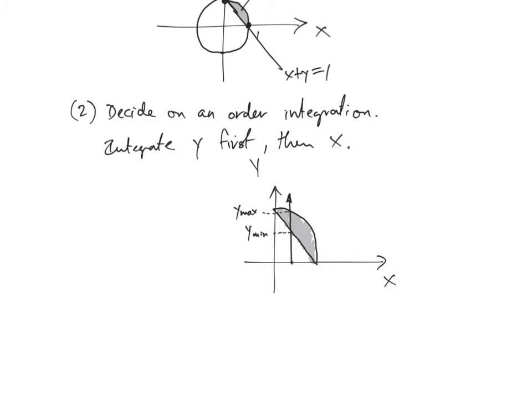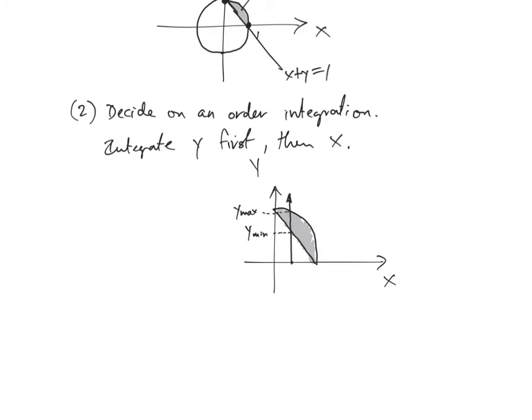So I have to ask myself, well, what if I pick a different value of x and integrate in the y direction? Say I hold x fixed here and I integrate in the y direction. Well, obviously in that case my y min is going to be here, and my y max is going to be up here somewhere. So you'll notice that y min and y max change depending on which value of x I choose to hold fixed in order to integrate in the y direction.